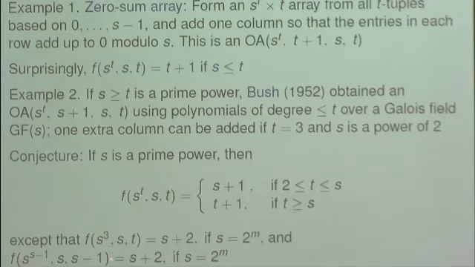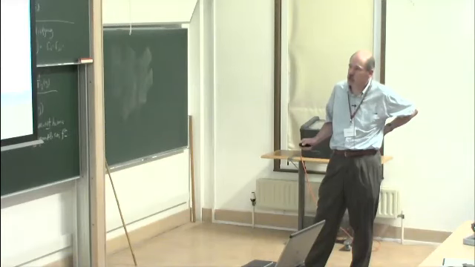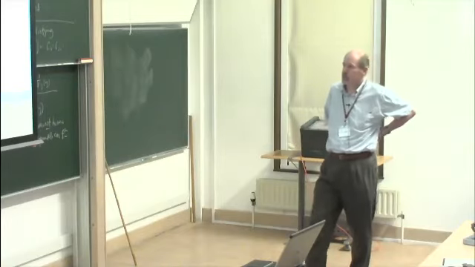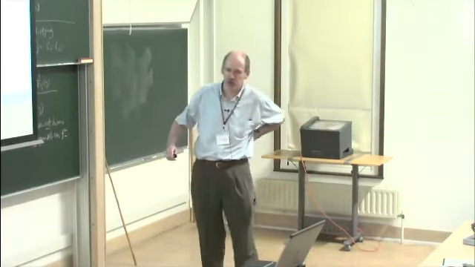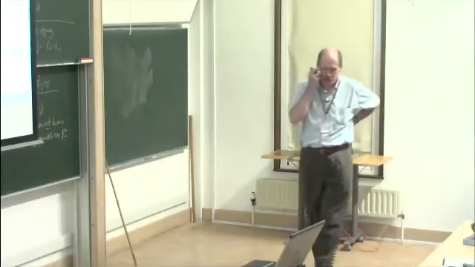We know that we can construct an array with s plus 2 here. We don't know whether it's the best possible orthogonal array. So in this conjecture, the s plus 2 here, maybe that could be improved. The s plus 1, maybe that could be improved, but the conjecture is that it cannot. So that's an open problem, but it's probably a pretty hard one. I'll show you some easier ones later on.